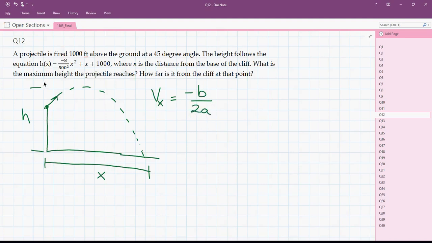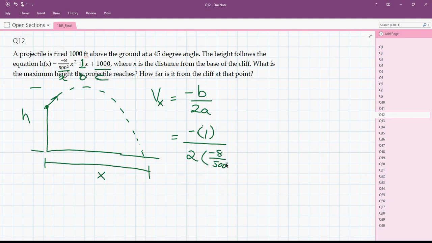And for any quadratic, whatever's in front of the x squared is the a, whatever's in front of the x is the b, and our number is c. In front of the x, even though there's nothing there, technically there's always a 1 there. So our vertex would be negative 1 divided by 2 times our a value, which would be negative 8 over 500 squared.